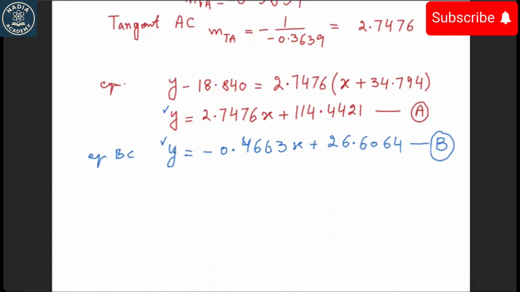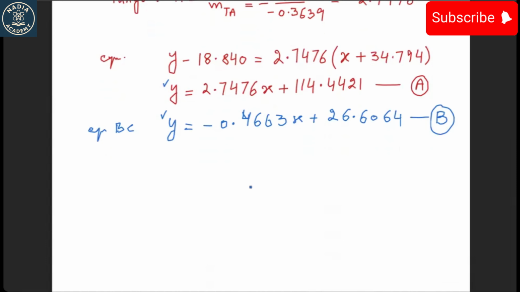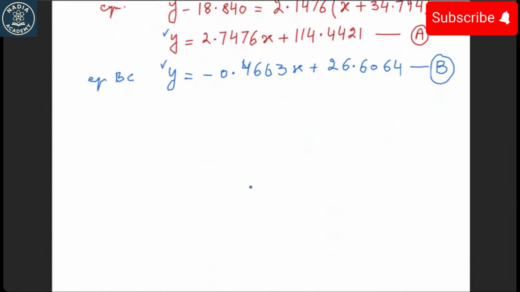So it means that if the left hand sides are the same, then of course the right hand sides are also the same. So now we can put them equal to each other. So now we can say that solving equations A and B simultaneously.